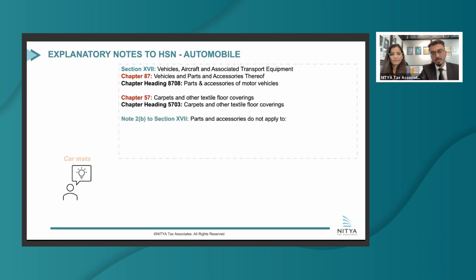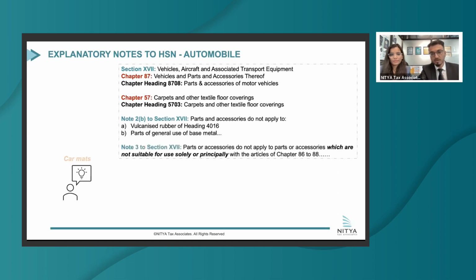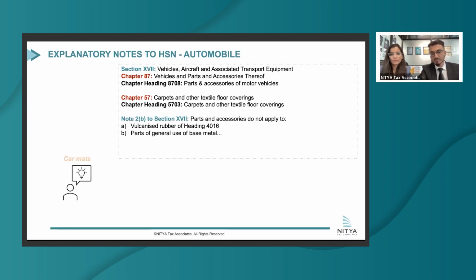The relevant section note of Section 17 provides that parts and accessories of a motor vehicle do not apply to an illustrative list, such as vulcanized rubber and parts of general use of base metal, but these do not cover car mats specifically, in the sense of articles of Chapter 87.